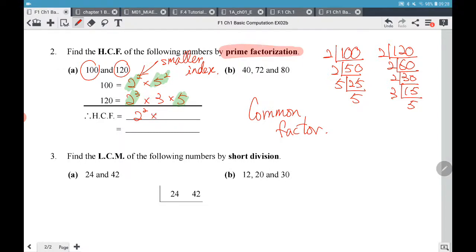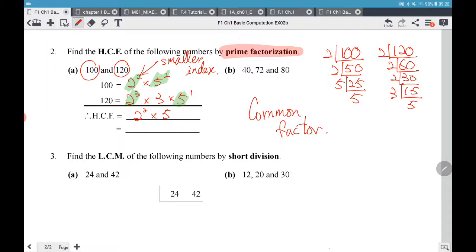Okay, therefore for the number 5, we get only 5. Because when we write down 5, that means the index is equal to 1. We don't need to write down 1, but we should understand that when we write down an integer, the index is equal to 1. Therefore, for the smaller index, we write down 5 here.